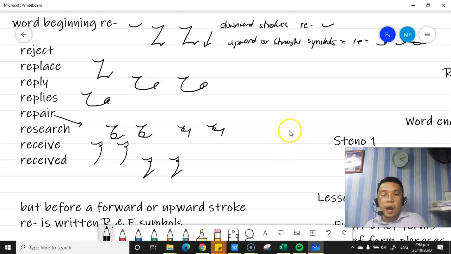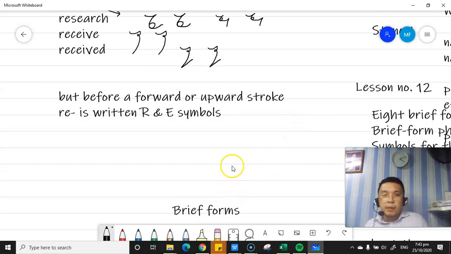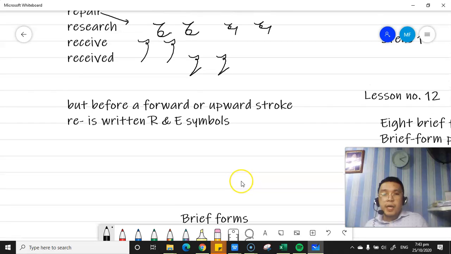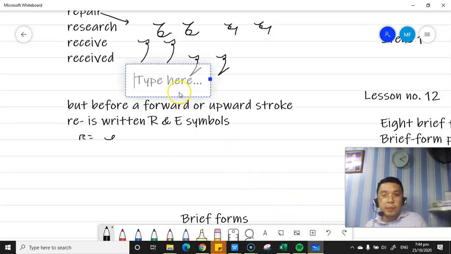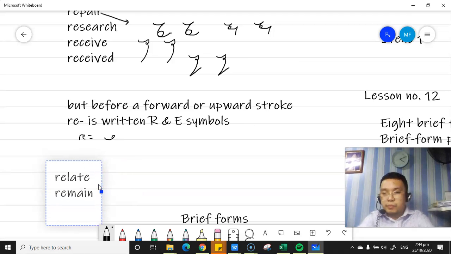Okay. Are we clear? So like what we have said, the word beginning re will be written as RE kapag upward ang strokes. Okay, so let's have the relate, remain, then retire.